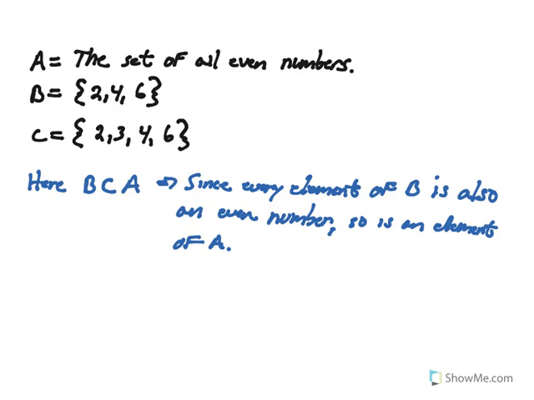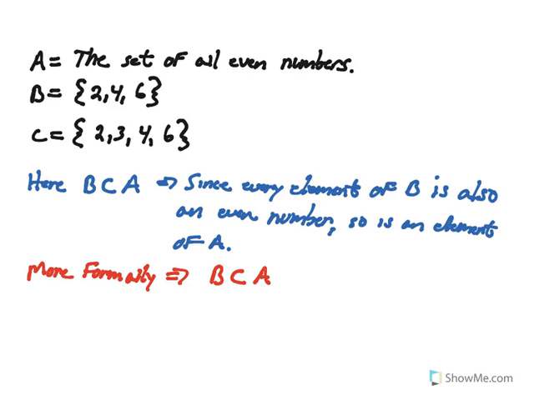Now, more formally, we would write this, right? We can say B is a proper subset of A, which we said a moment ago, right? Why?